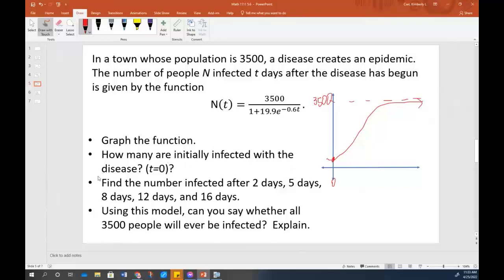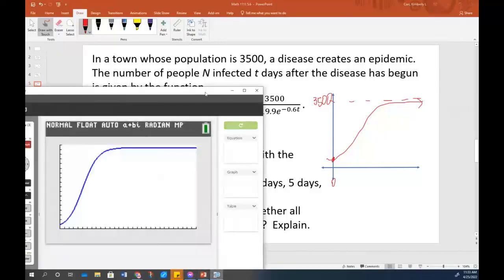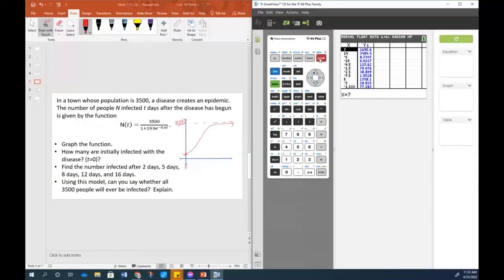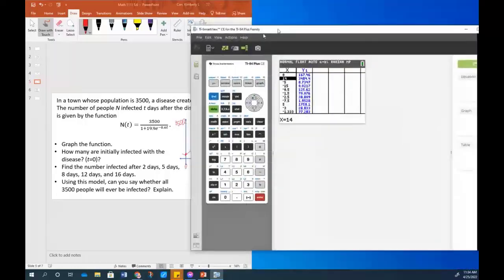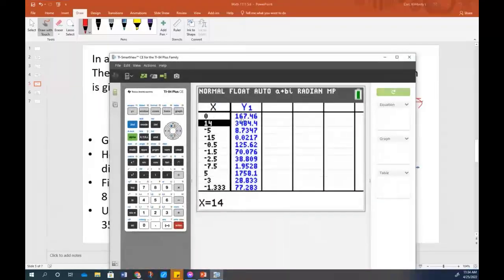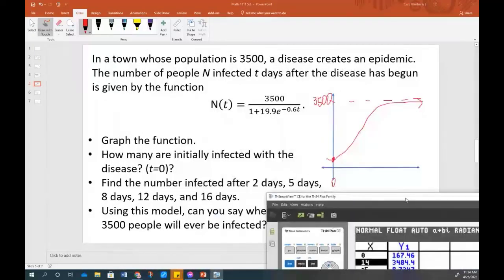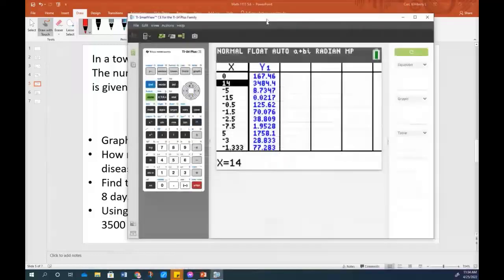Now, how many are initially infected with t equal to 0? This is where that table of values is so handy on the calculator. That's going to be second graph, and I can put in 0, and so if I put in 0, you see that we started with really about 167 people. And before I even write that down, it asked me, find the number infected after 2, 5, 8, 12, and 16 days.